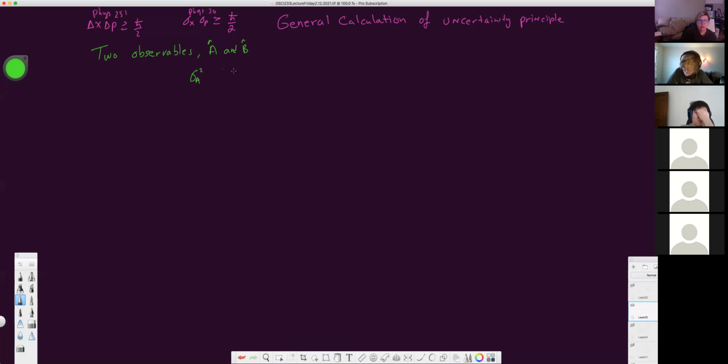squared, so the variance, right, is, as we know, the expectation value of A minus the expectation value of A, right? So the mean, subtracting off the mean and squaring the differences and taking the average. That's what sigma is, right? But I can write this now using Dirac notation.